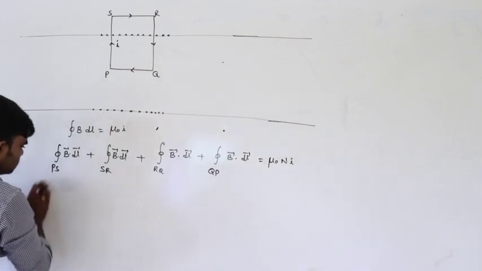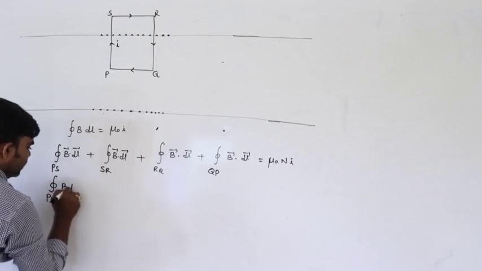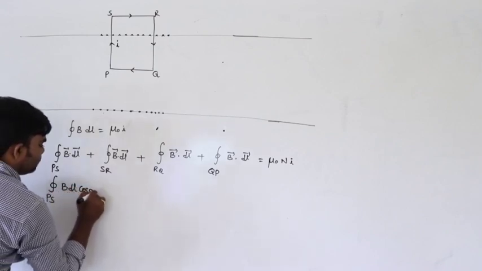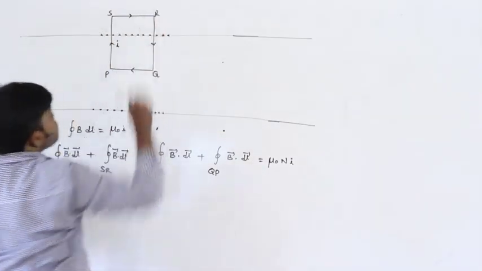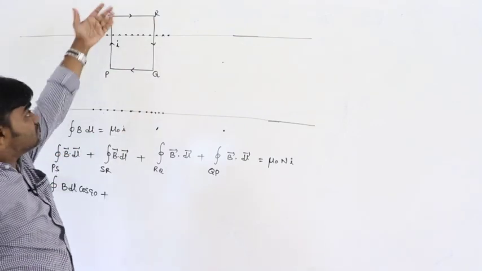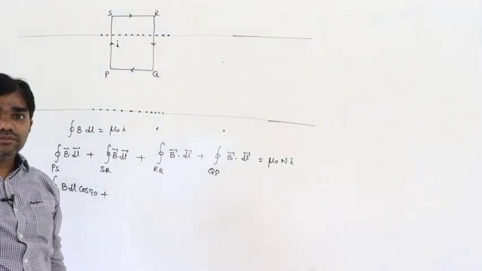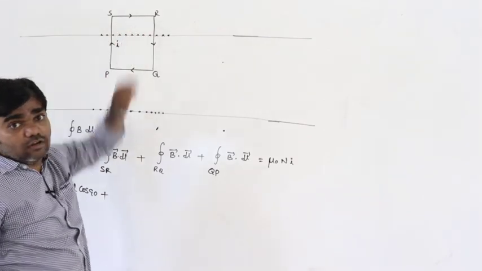Or, simply write one more step: integral of PS B dl cos 90, plus. Next, SR is outside the solenoid.